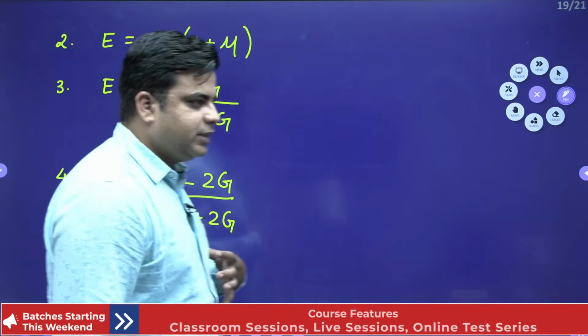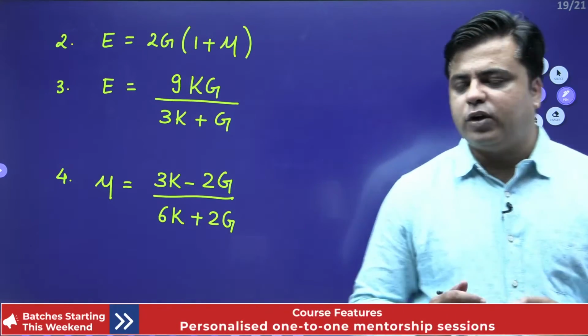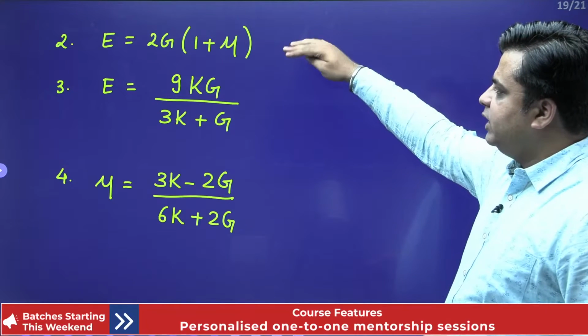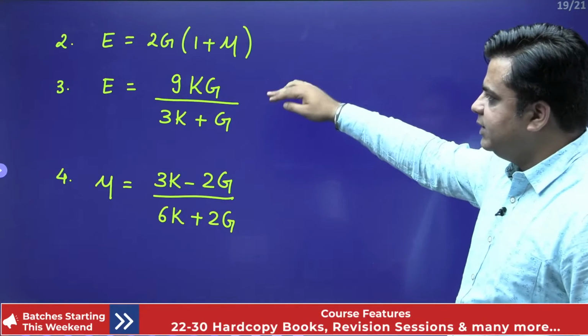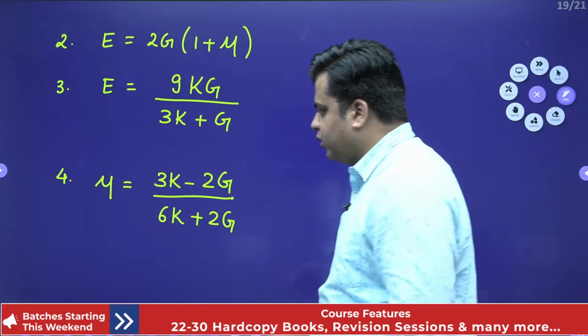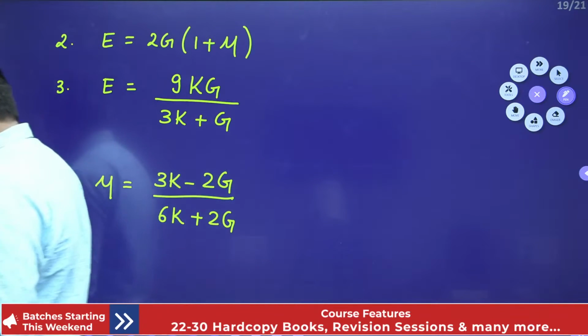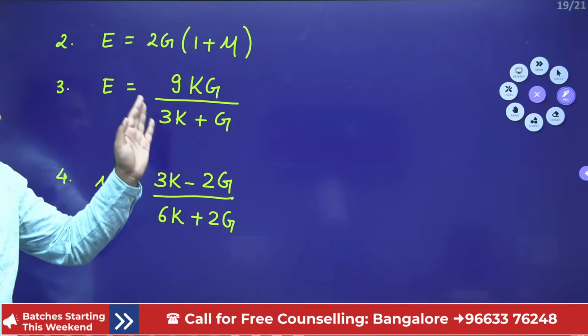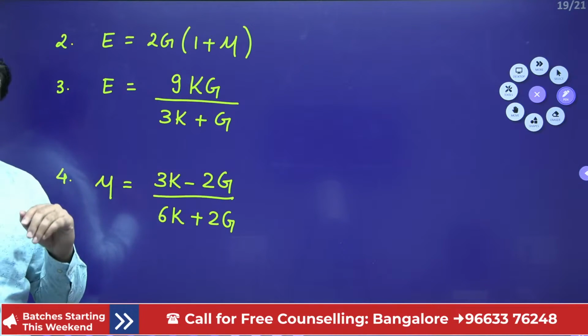So these are the relations for elastic constants, right? E is equal to 2G into 1 plus mu. Next is E is equal to 9KG upon 3K plus G, and the last one, mu is equal to 3K minus 2G upon 6K plus 2G. So these are the four different relations between elastic constants that we have.